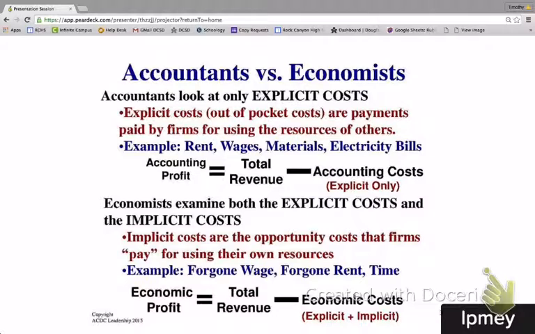So wages you give up, rent that you could have had for the building that you're using, the value of the time that you're giving up to operate your business. And so economic profit is calculated differently: total revenue minus your economic costs, which are both explicit and implicit, not explicit only.